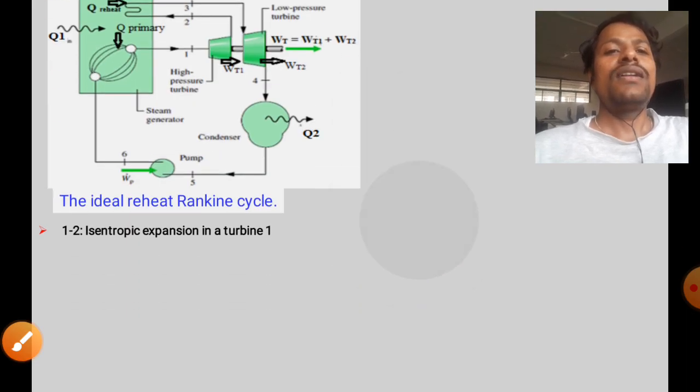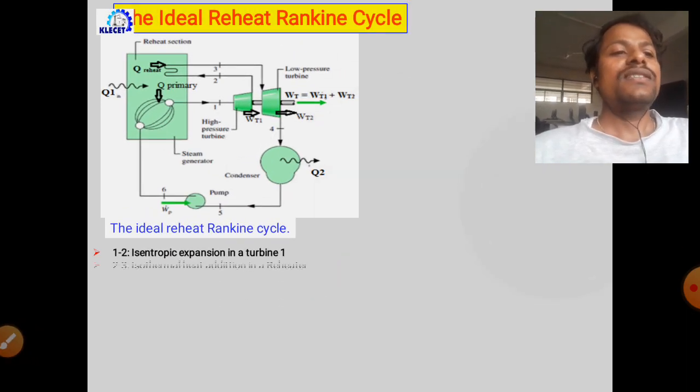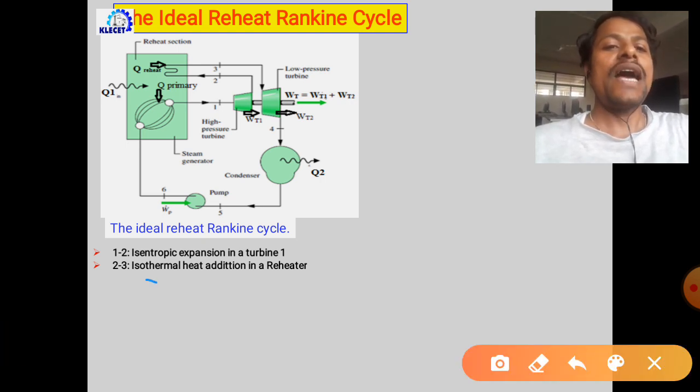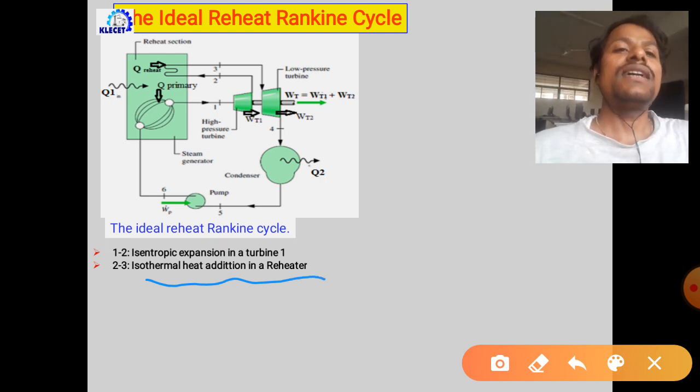The next process is 2 to 3, isothermal heat addition in the reheater.